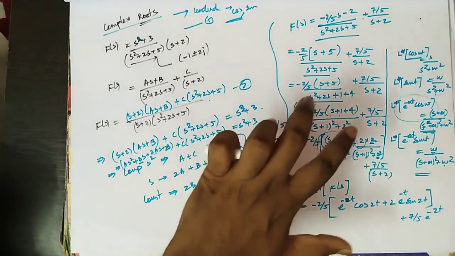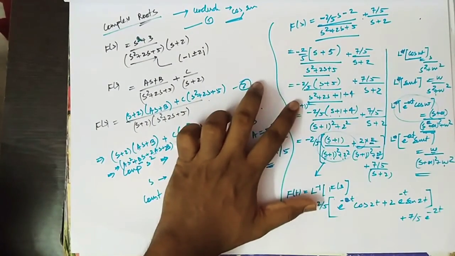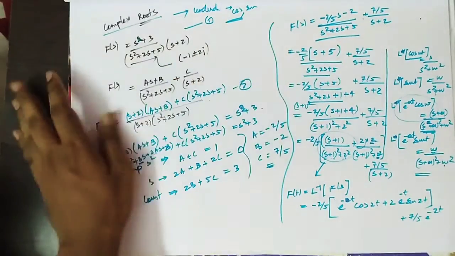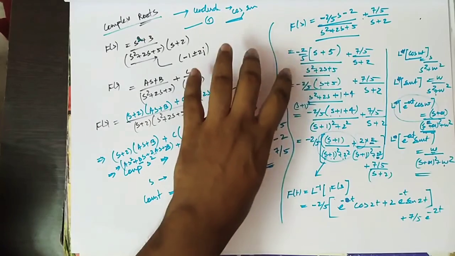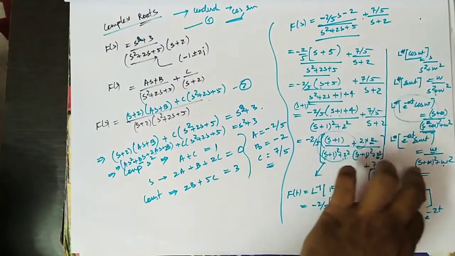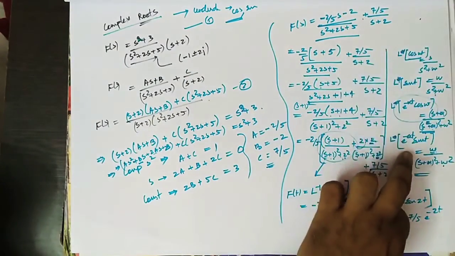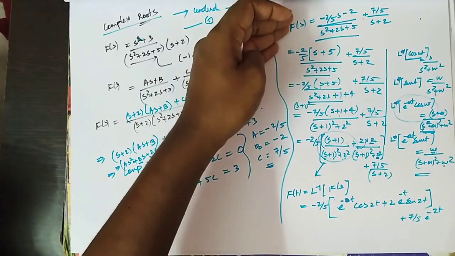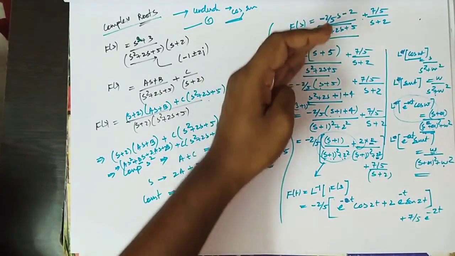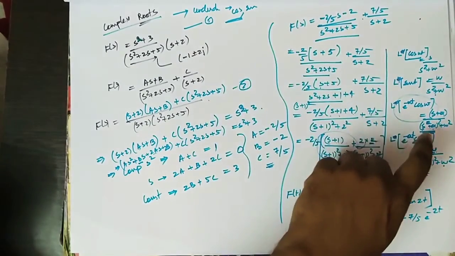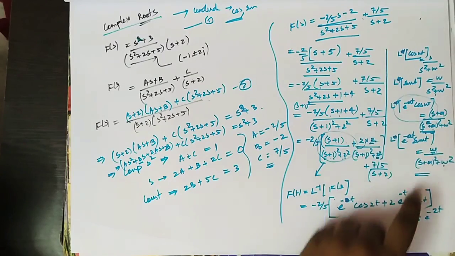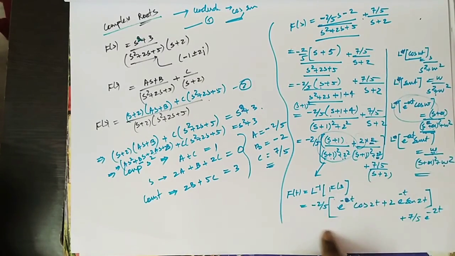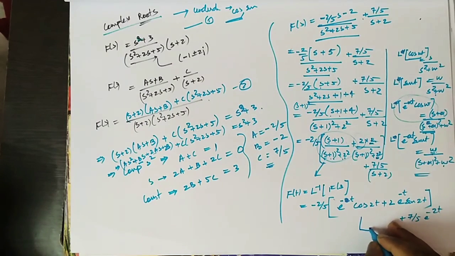Why I am doing this method here is that in calculation of circuits, you will be getting a circuit like this for a second order system. There you need to remember all these formulas. You will be getting the f of s function in this form, and you rearrange it into these forms. After getting the inverse Laplace transforms, you will be getting this one. This is the underdamped response of a second order function.